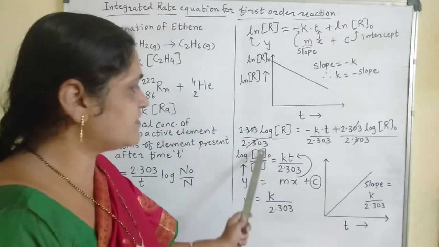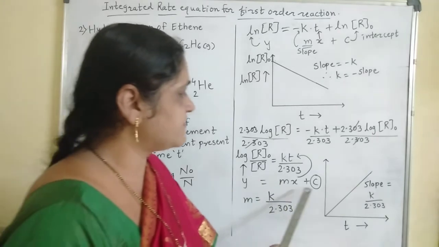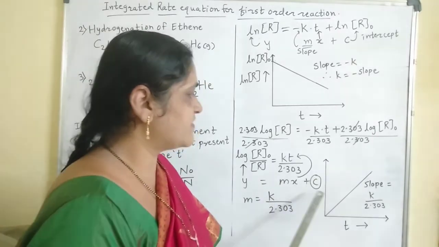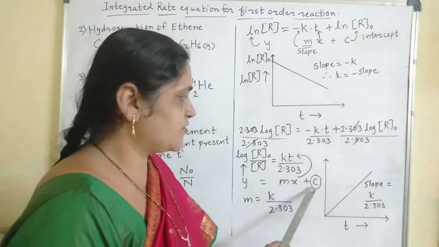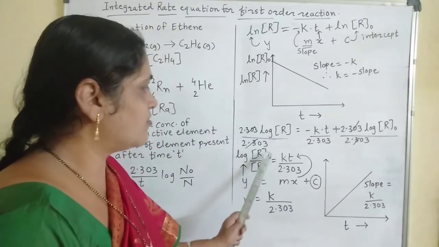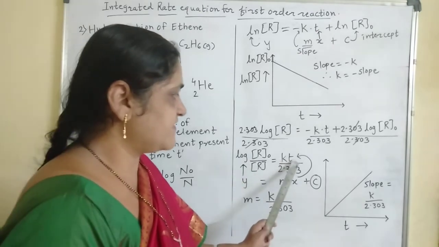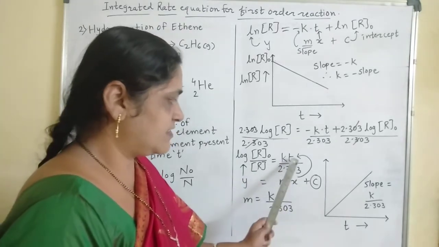If I compare this equation with the straight line equation y = mx + c, here no intercept is there in this equation. On the y-axis we will take log of concentration of R0 upon concentration of R, and on the x-axis we are going to take time.